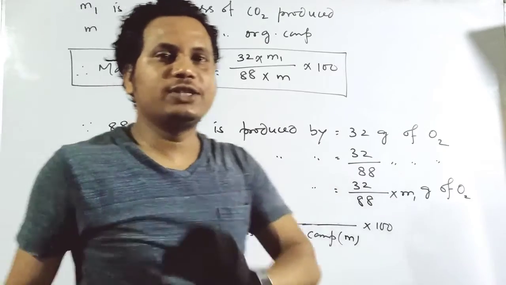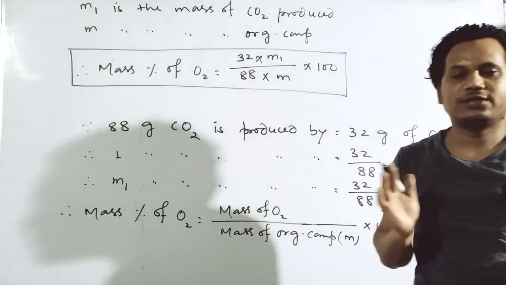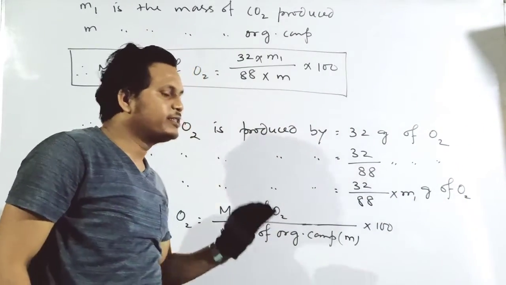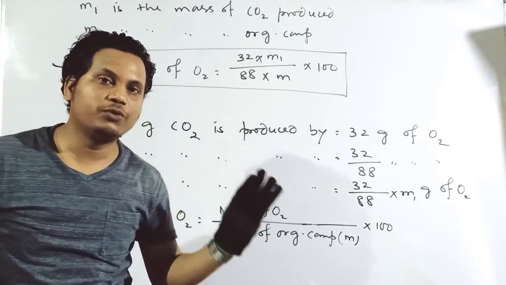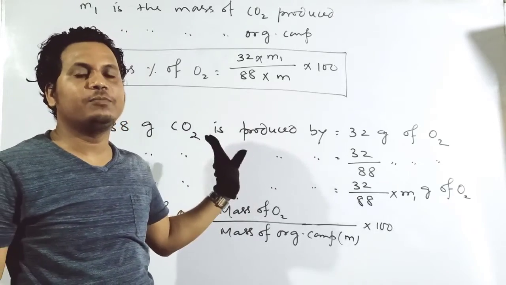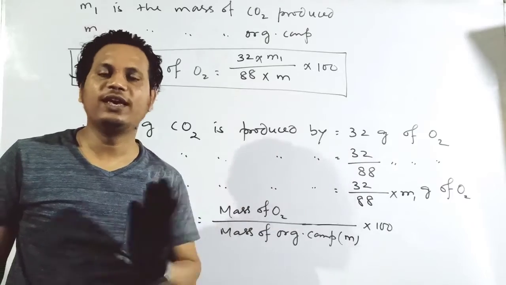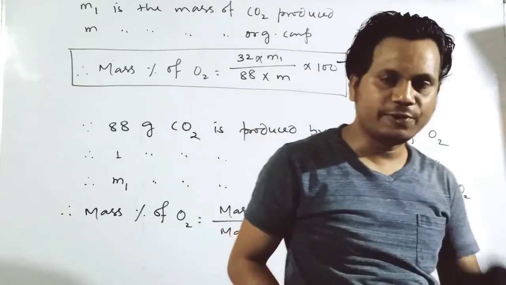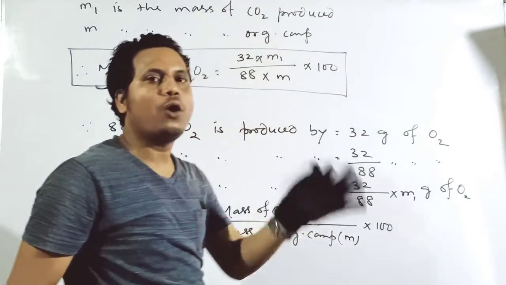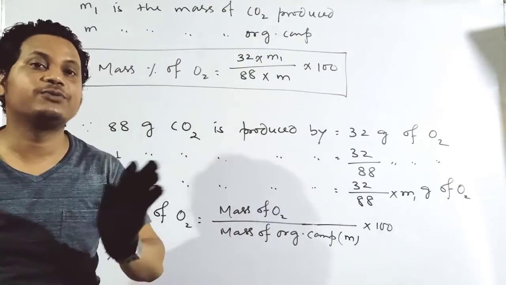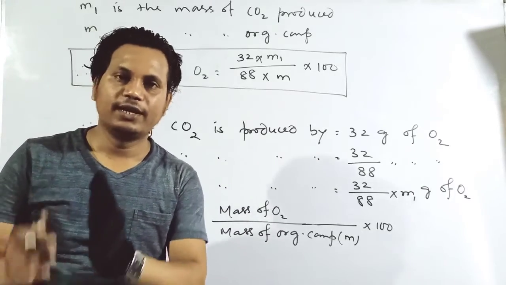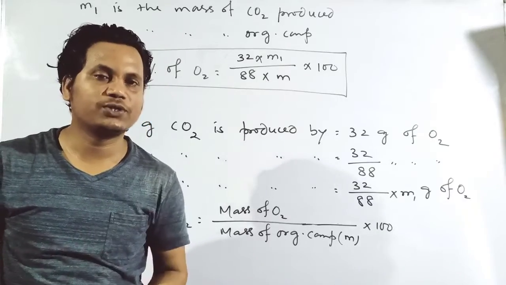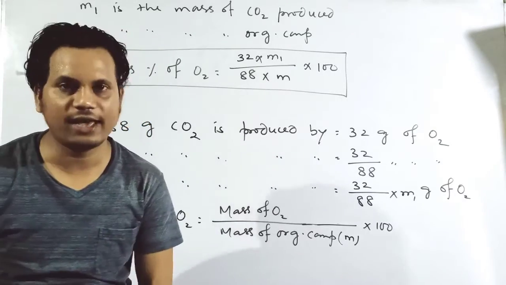So for oxygen, what is the procedure? First you take the organic compound containing oxygen and pass a stream of nitrogen gas. Then that compound will break into O2 and other gaseous products. Now that O2 reacts with red hot coke, and oxygen will convert into carbon monoxide. That carbon monoxide is treated with warm iodine pentoxide, and it will produce carbon dioxide.